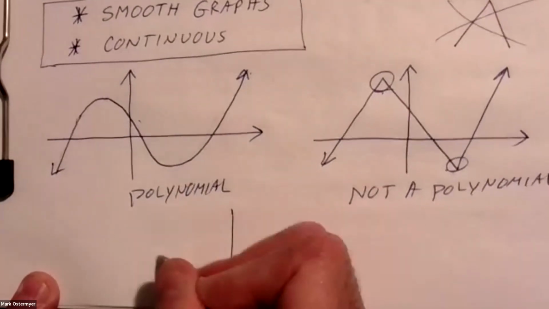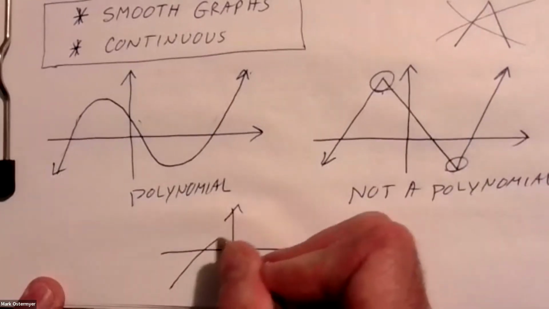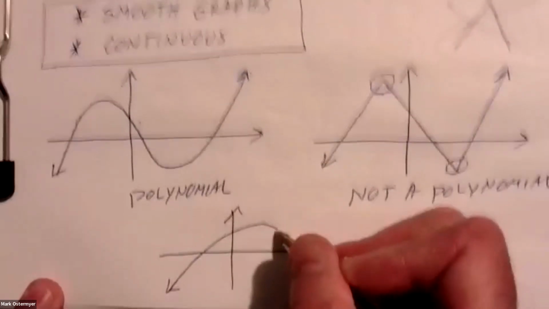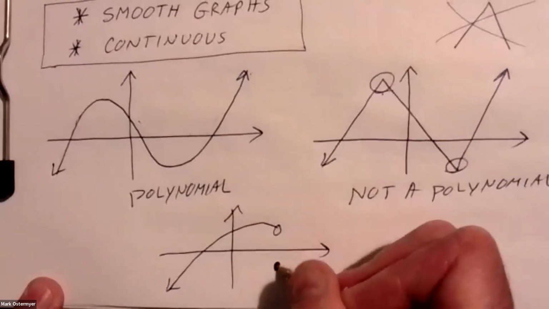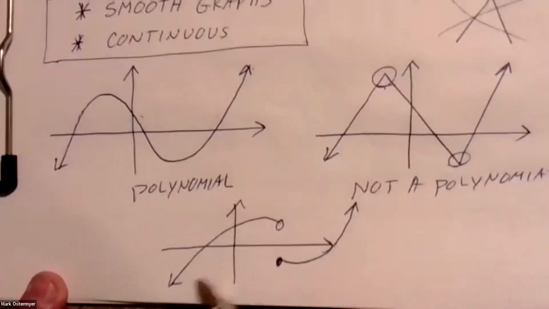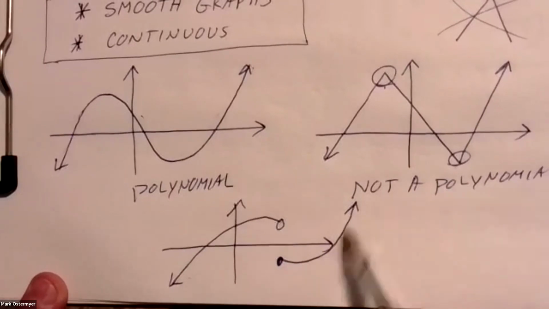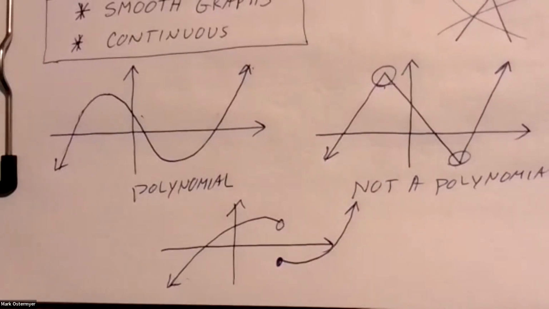All right, is this graph a polynomial function here? Is this a polynomial function? It certainly seems to be a smooth graph, but why is it not a polynomial function? It's smooth. Why is it not a polynomial function?